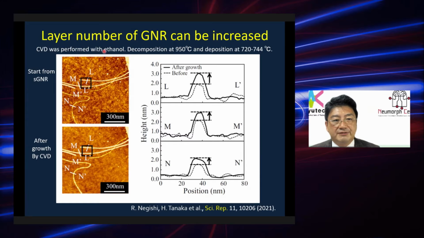The CVD was performed with ethanol, with decomposition at 950 degrees and deposition at 720 to 744 degrees C. We could definitely observe the increased number of graphene nanoribbon layers, and we could control the layer number very precisely by using this method.